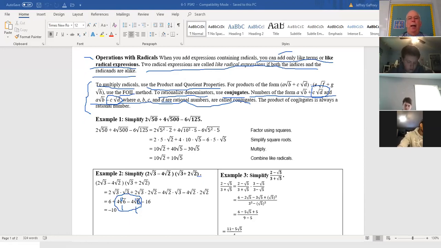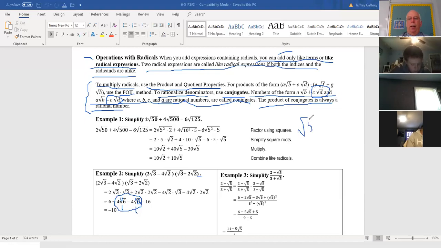If you just remember that, that's what helps you simplify these problems. And here we're just calling them conjugates. Six to eight weeks ago, we were calling them complex conjugates. And it says the product of conjugates is always a rational number. And again, that's kind of lawyer talk. What does that mean?